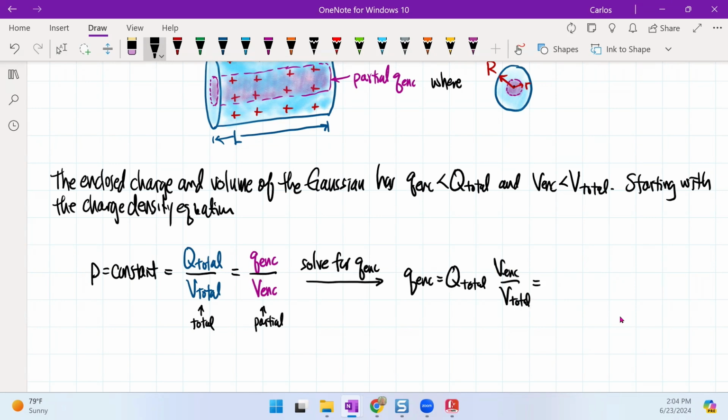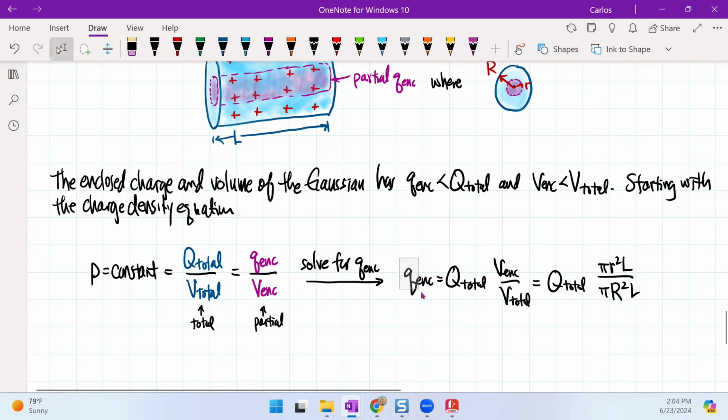The volume of a cylinder is pi r squared times its length, so this will be pi big R squared times the length. Everything that's violet has to do with the Gaussian that encloses this amount of charge, and everything else has to do with the actual cylinder.